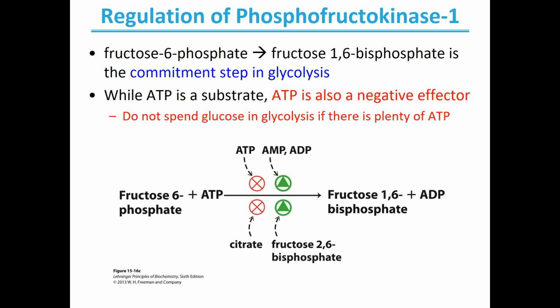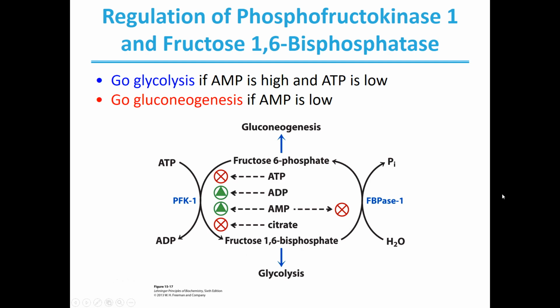Now let's look at how fructose 2,6-bisphosphate allosterically regulates PFK1. This is the normal pathway where fructose 6-phosphate is converted into fructose 1,6-bisphosphate in the process of glycolysis. Same regulation shown here. The reverse is the pathway for gluconeogenesis.